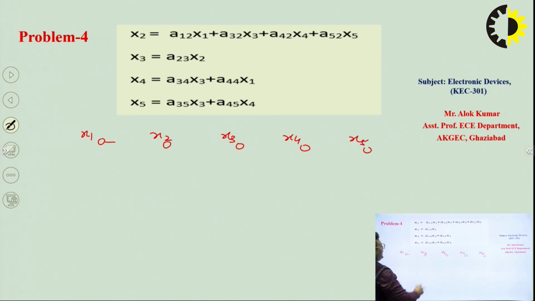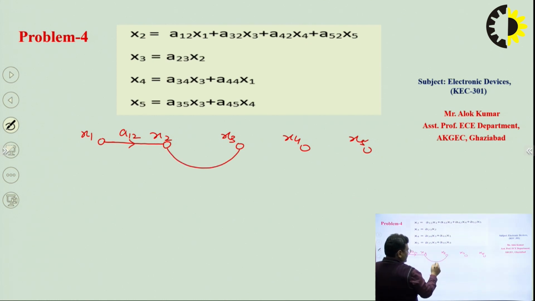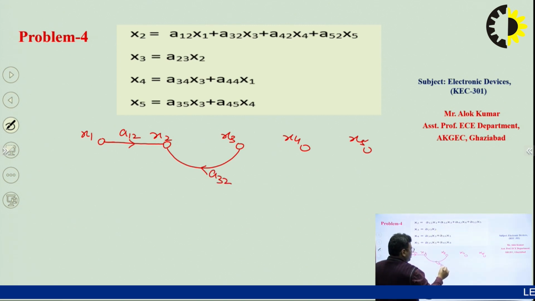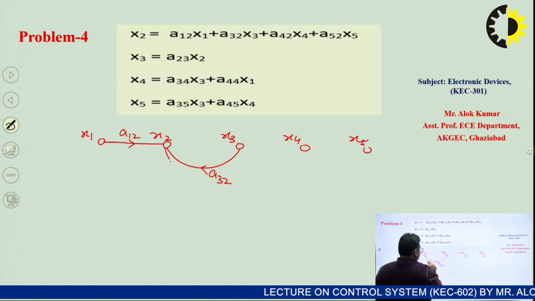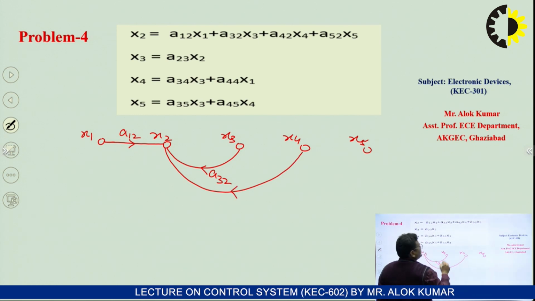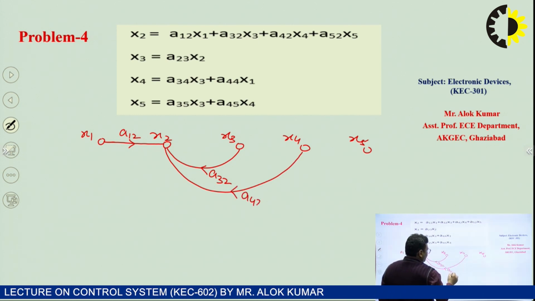At node x2, x2 is equal to a12 into x1. So one signal is coming from node x1 and the gain of this is a12. One signal at x2 is coming from x3, in this direction, and the gain is a32. Then from node 4 one signal is coming and the gain is a42.